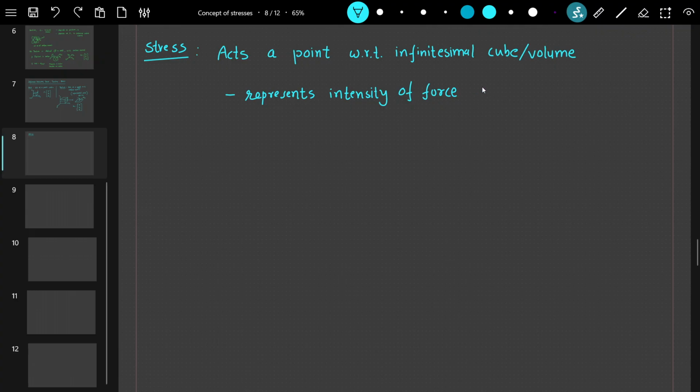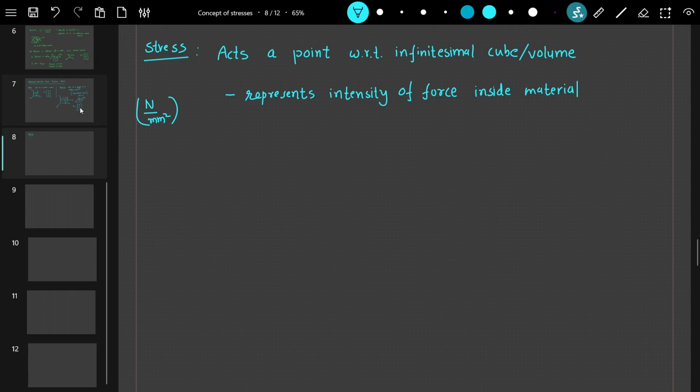Okay, so this is inside material. This is the difference. Both are intensity of forces. Okay, both have the same units, Newton per mm square, but stress is defined with respect to an infinitesimal volume.